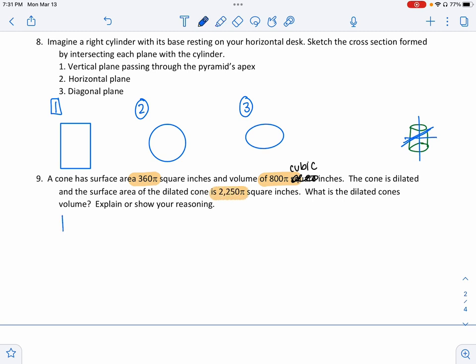So to find the scale factor, k squared equals new surface area divided by 360 pi. This is equal to 6.25. And since that's squared, we've got to square root it all. So that means that k is equal to 2.5.